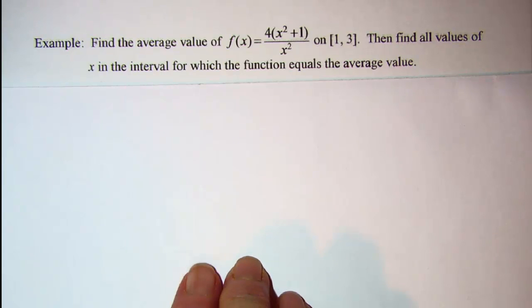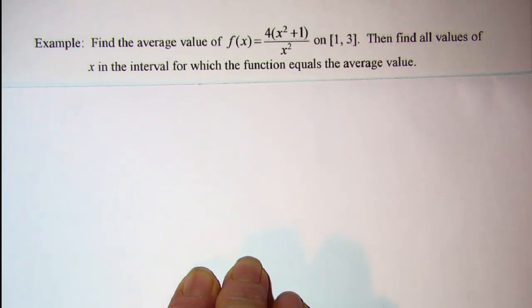Our next example, find the average value of f of x equals 4 times the quantity x squared plus 1 over x squared on the closed interval from 1 to 3. Then find all values of x in the interval for which the function equals the average value.